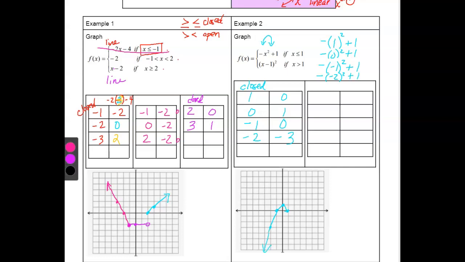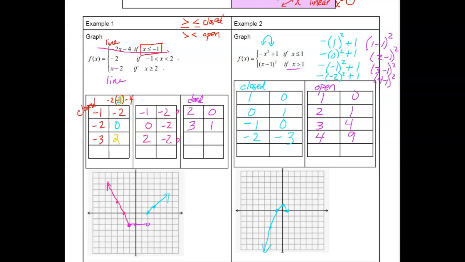Okay. The right side, we're going to start with 1, and it's going to be open. And let's try 2, 3, and 4. So we've got 1 minus 1, 2 minus 1, 3 minus 1, and 4 minus 1.